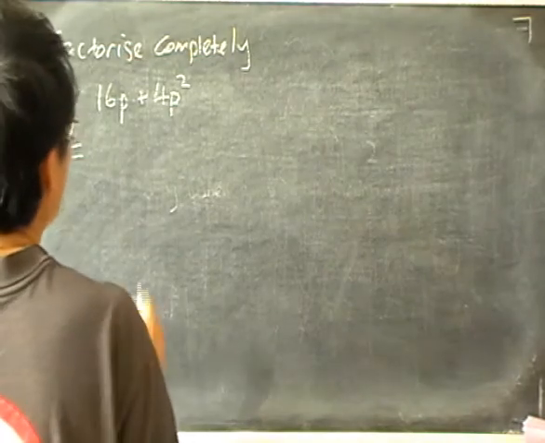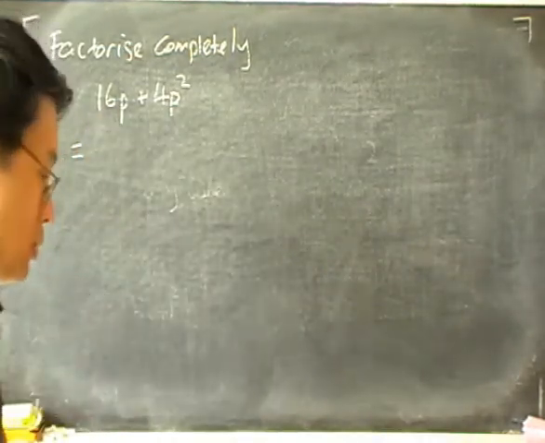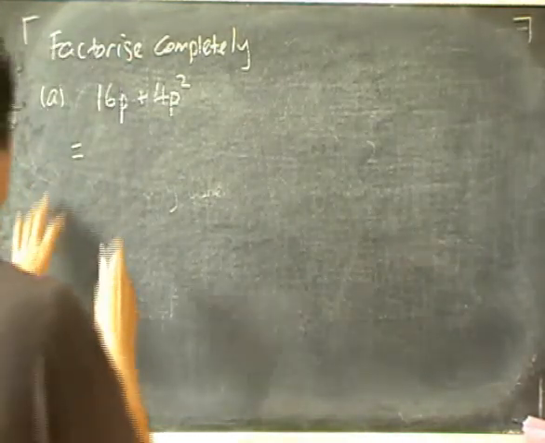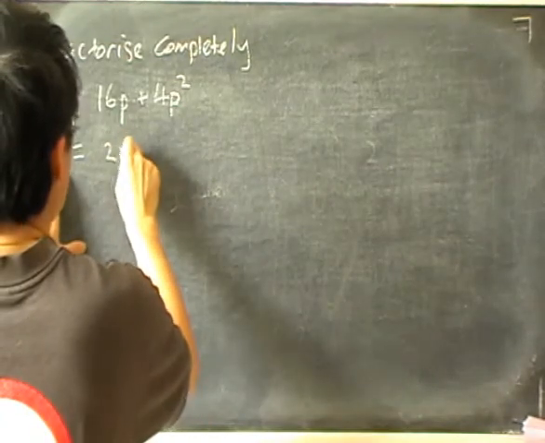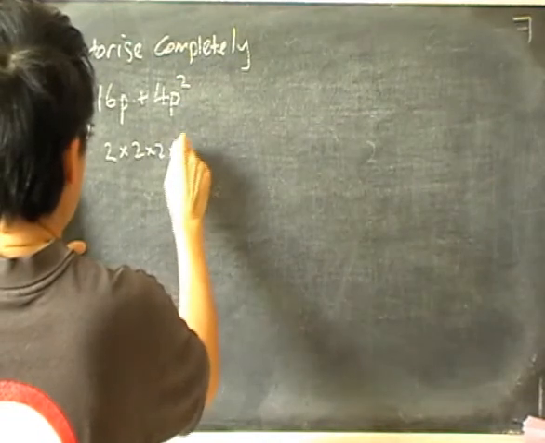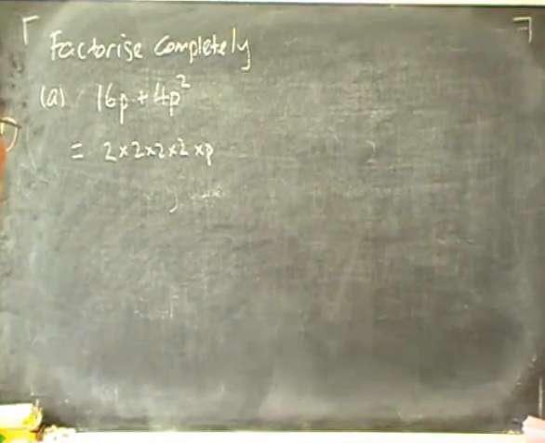And if I separate 16 into a product of prime numbers, which are the smallest numbers I could separate the product into, it is 2 times 2 times 2 times p. So that's 16p.